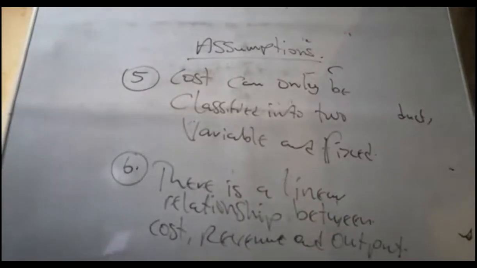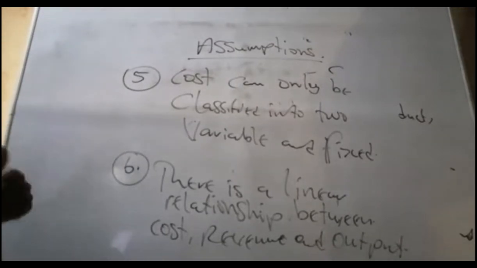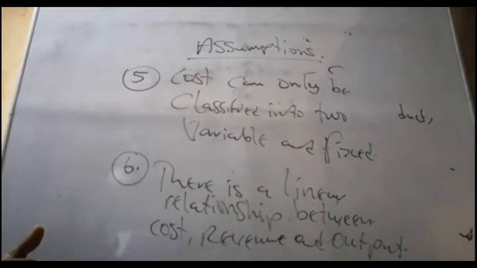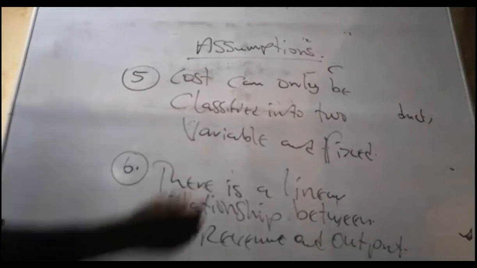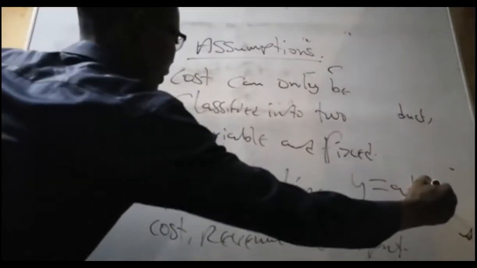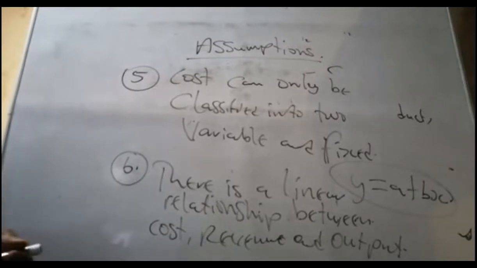So when your output increases, it will have a linear impact on your cost and your revenue. Good. Given some equation like y equals a plus bx, a linear equation. In reality, it's not true. Some of the relationships are not linear. You can have what you call curvilinear, quadratic, and other functions.